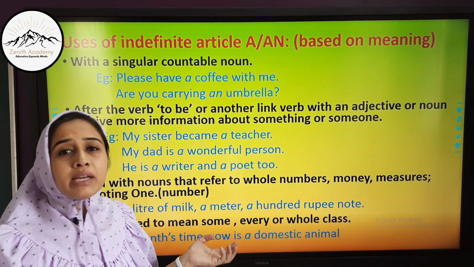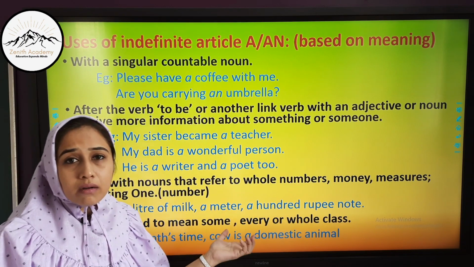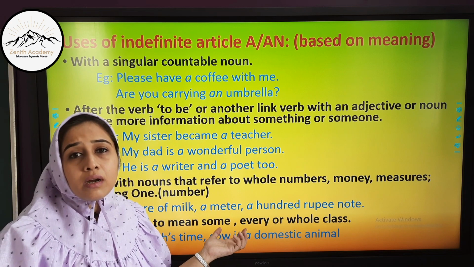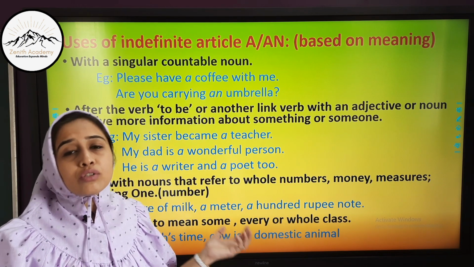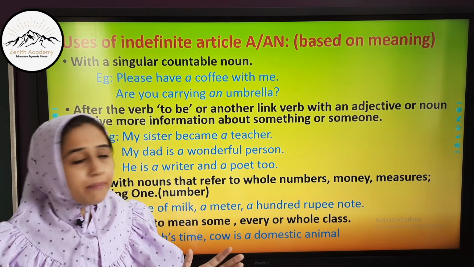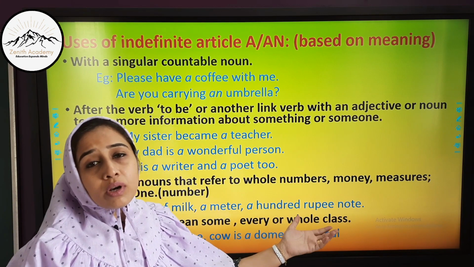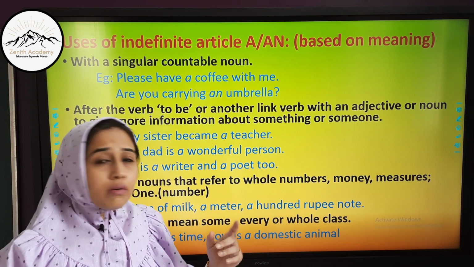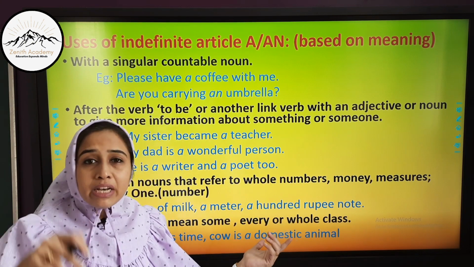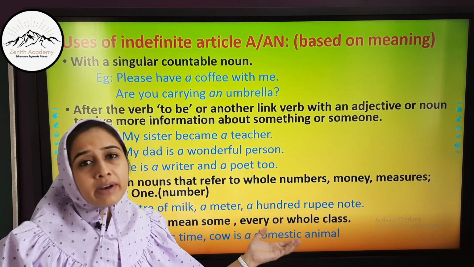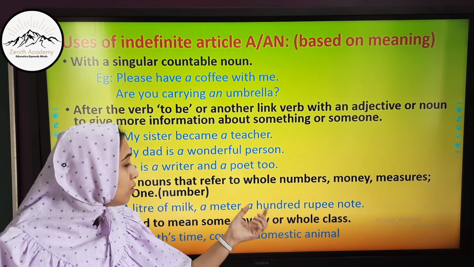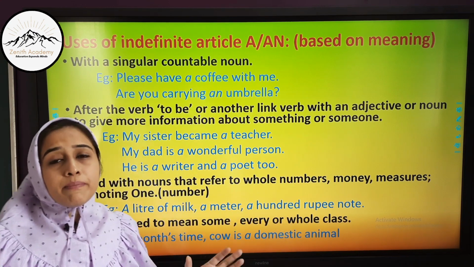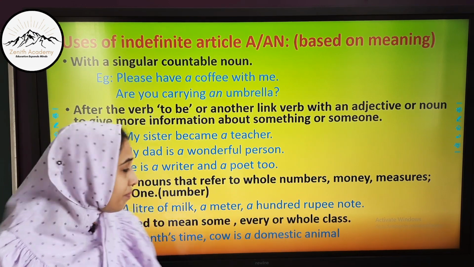A liter of milk is one. I walked a kilometer. So one and a mean the same. A hundred-rupee note. I lost my hundred-rupee note. But when you have to mention two or three hundred, obviously you will write numbers over there. But when you are using a or an, it simply means that it is one.